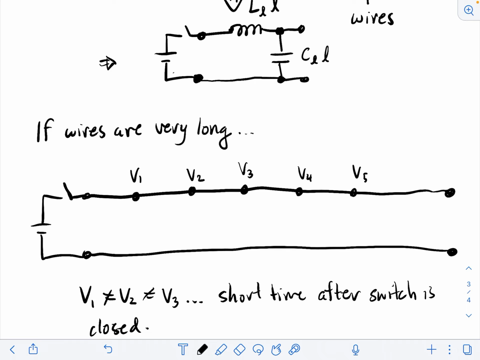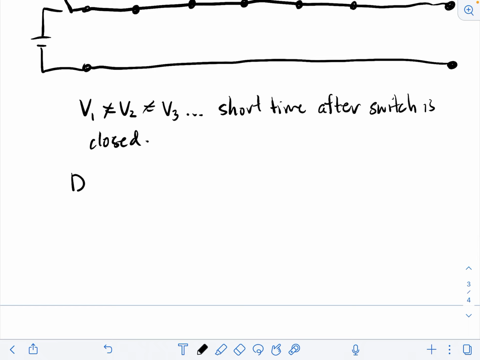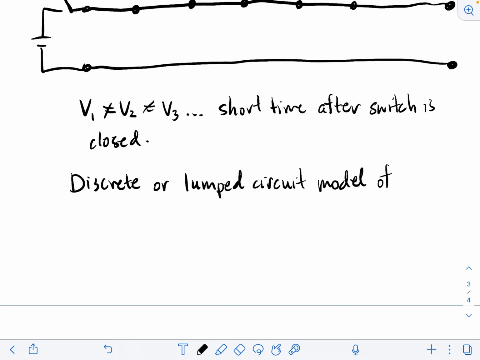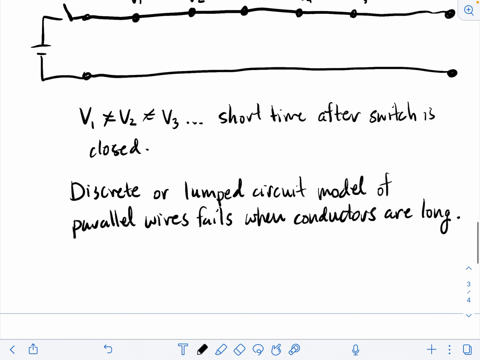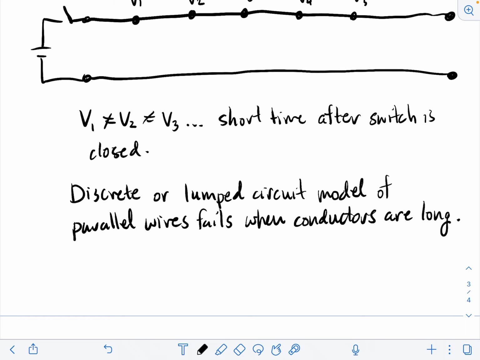So this discrete, or lumped, circuit model of our parallel wires fails when the conductors are long. You might say, long compared to what? That's a question that we'll try to answer in the next video.